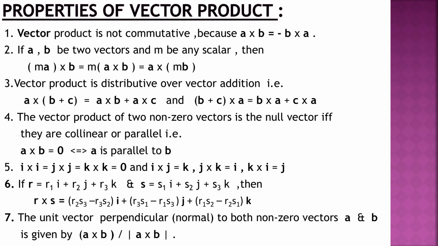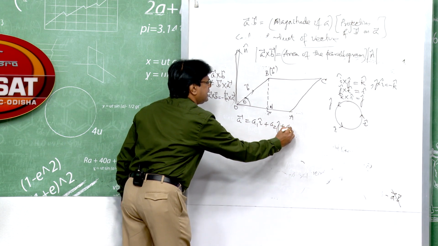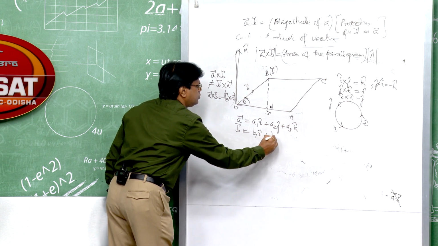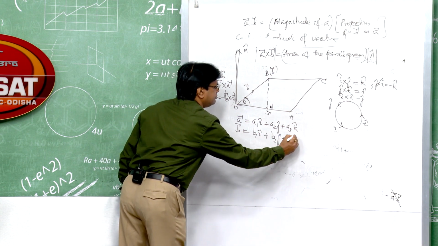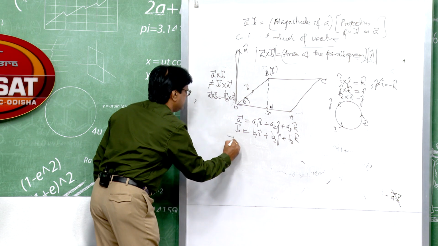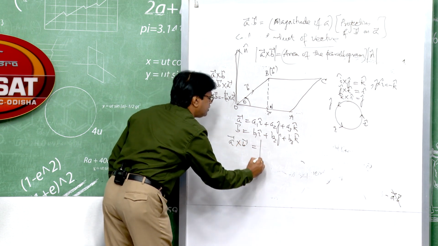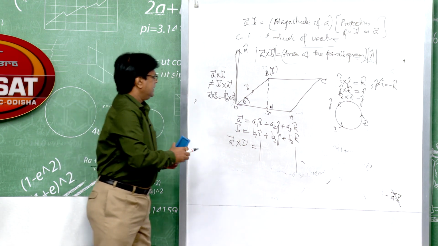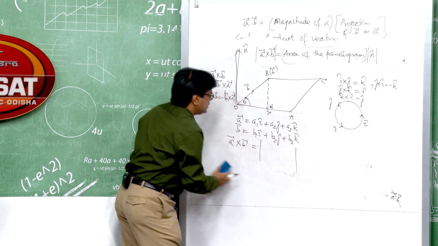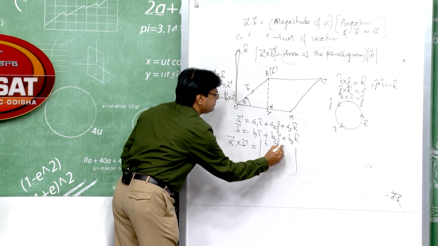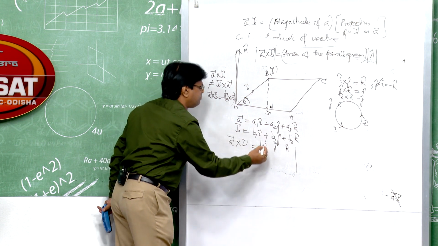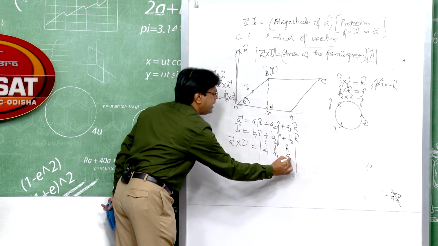Suppose A is equal to A1 i cap, A2 j cap, A3 k cap. Suppose B is equal to B1 i cap, B2 j cap, B3 k cap. Then A cross B is nothing but the determinant. You have already studied the determinant in the second unit. So, i, j, k, and the first row becomes the first vector having the components A1, A2, A3.